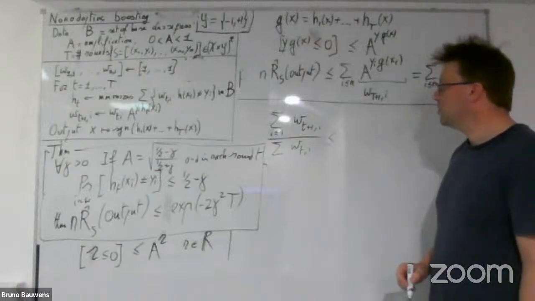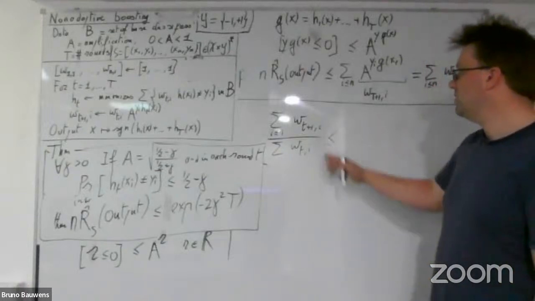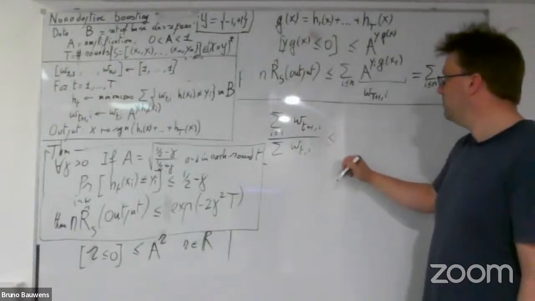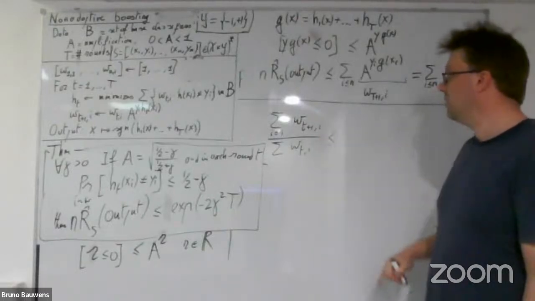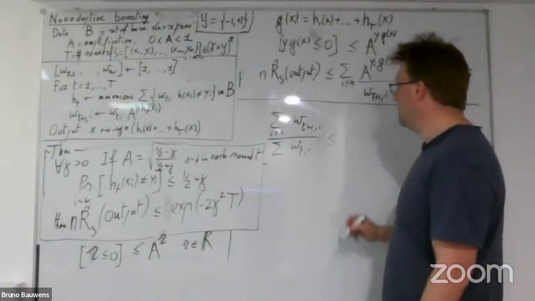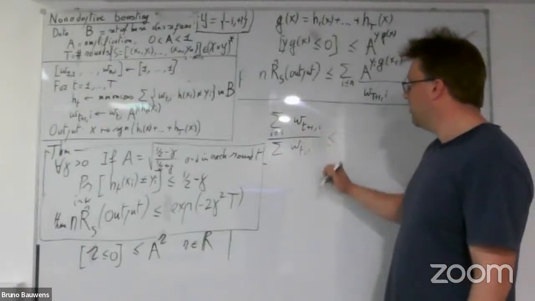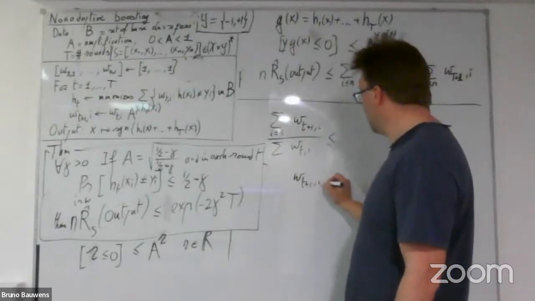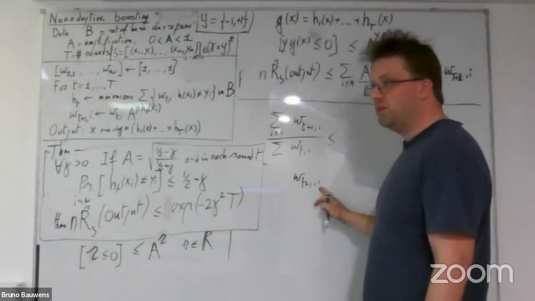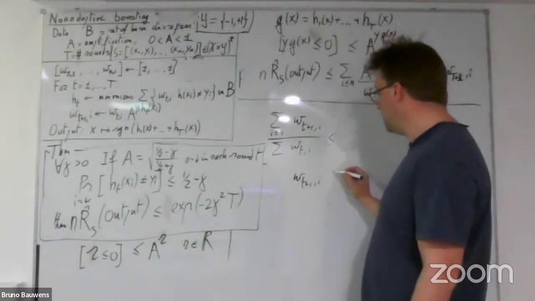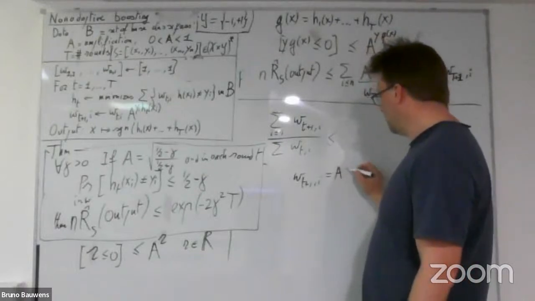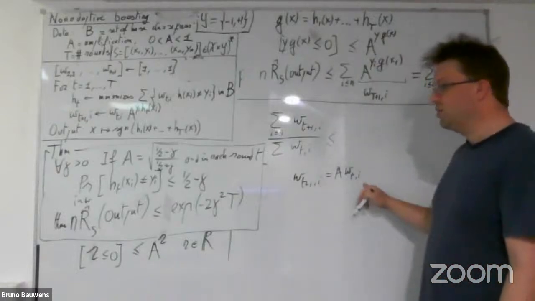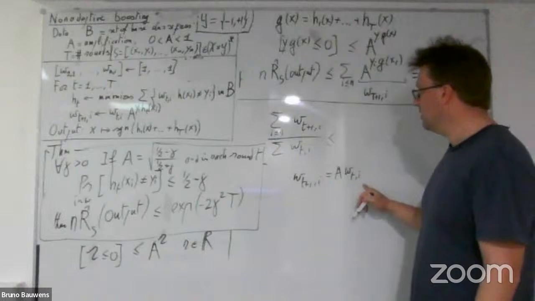Here we have two groups of weights: weights of points that are correctly classified by h_t, and those that are incorrectly classified. So let's group them. If point i is correctly classified, its weight decreases; otherwise it is incorrect.